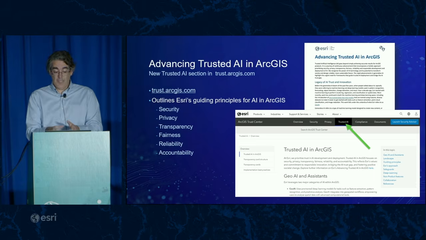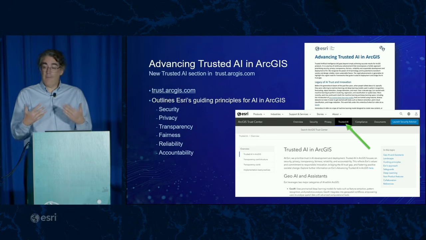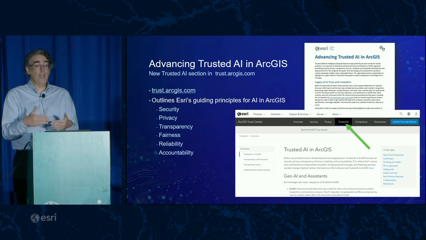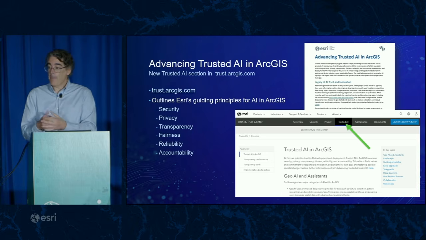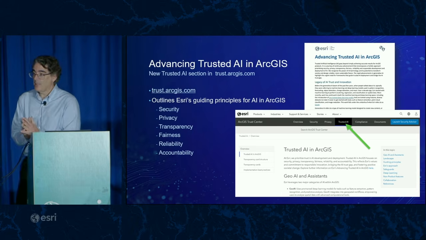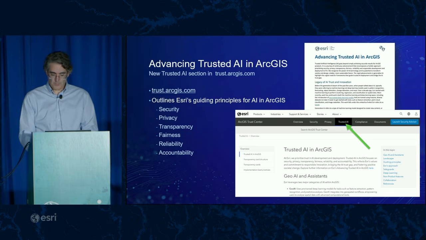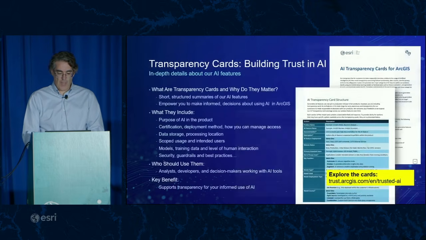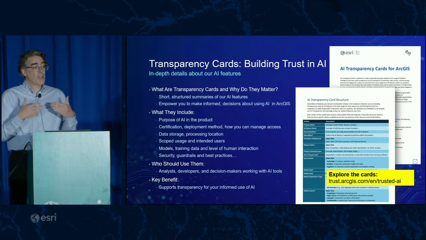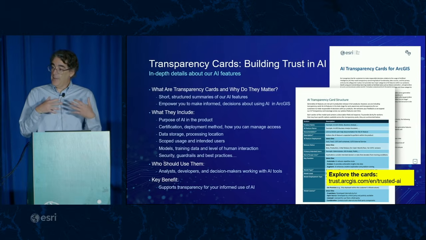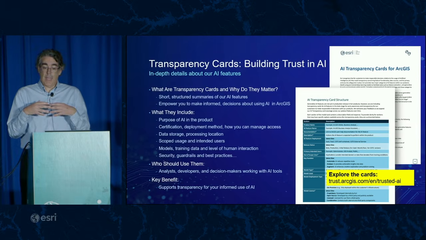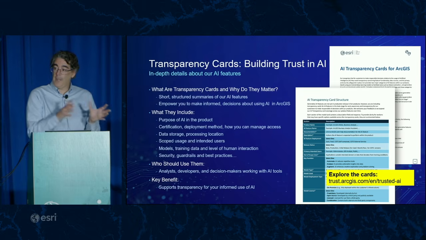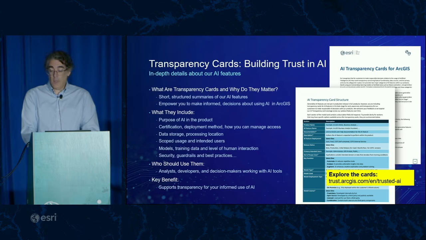So we have information on trust.arcgis.com that can help people in your organization with these questions, with answers. On top of that, we also have these transparency cards, which describe the type of models that these assistants use, the type of workflows that are within scope and outside of scope, etc. Very useful information that people in your organization are going to read, okay?